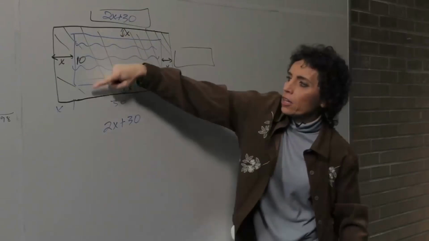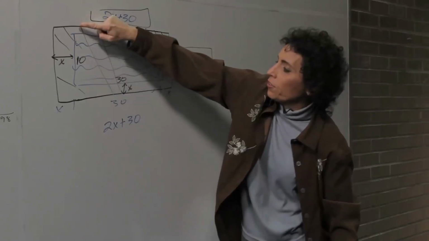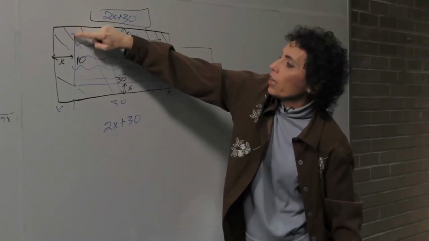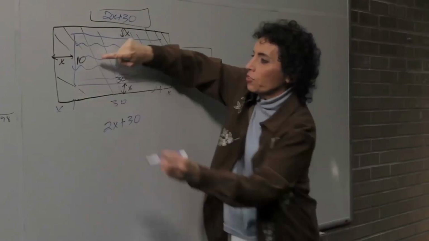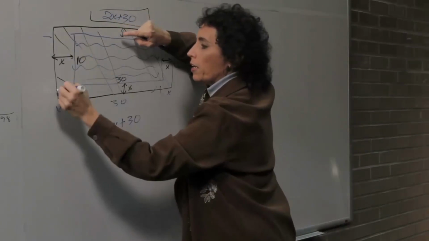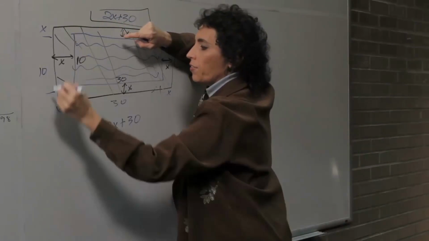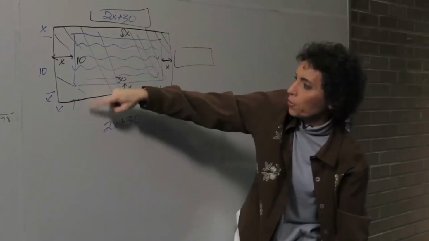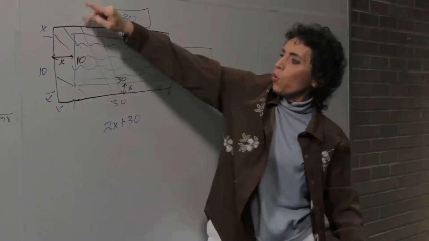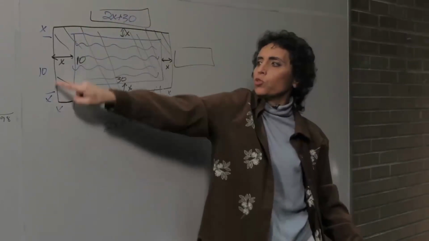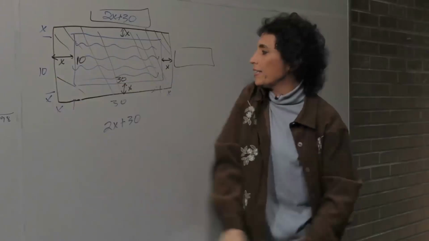This is 10 going up and down, and this is x, and this is x, because it's x here and x here. So what's the length of that whole side? It's 2x plus 10.